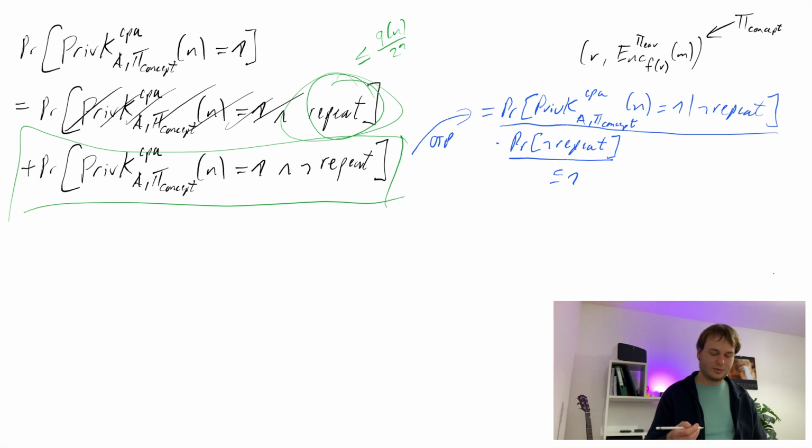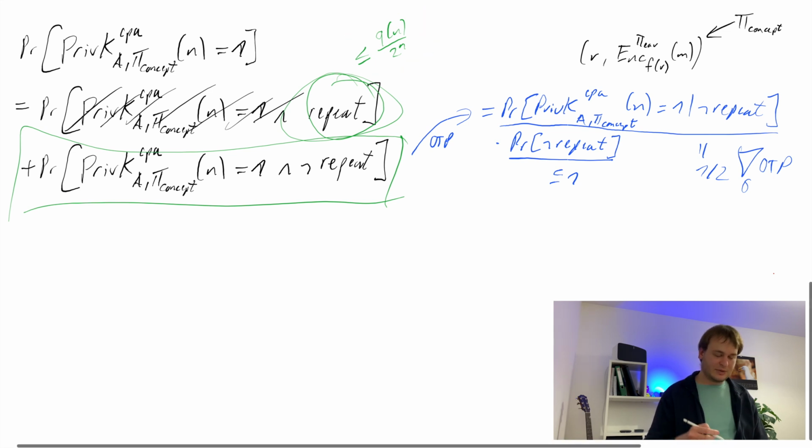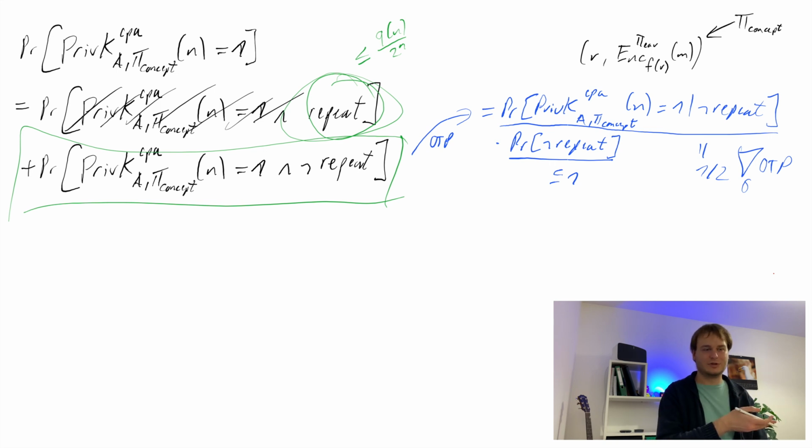So the probability to win for an adversary in this case is exactly 1/2. So essentially, the probability of A to win against the conceptual scheme would have been 1/2 plus this negligible part for the repeat event. And then this was close to the winning chance of A against the scheme that we want to prove secure, and then we would be done.